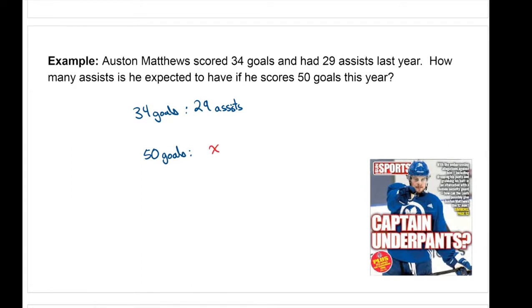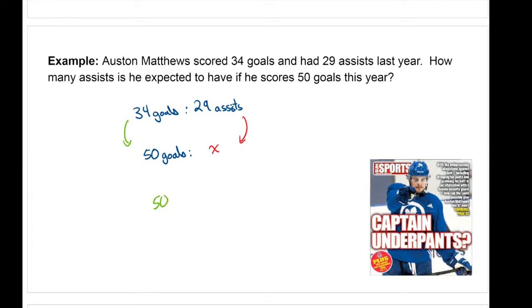So again, we need to figure out how I increase from 34 to 50, and then I'm going to do the same thing to go from 29 to my unknown. You can do it different ways.